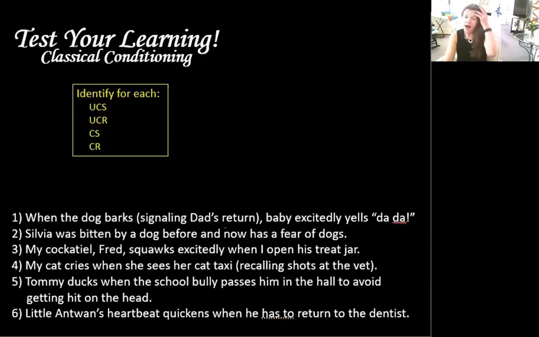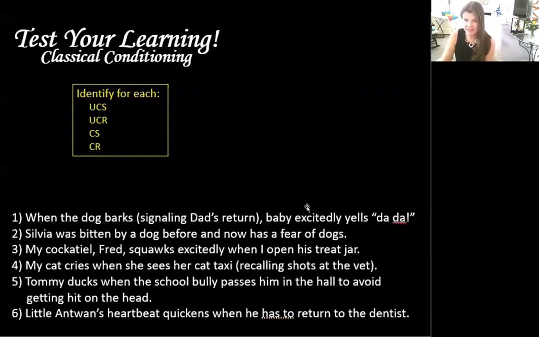Okay, so one more thing before you start this one, and that is that sometimes you need to infer the unconditioned response. So when dad returns, the baby acts excitedly. We're actually told here that the baby acts excitedly, right?